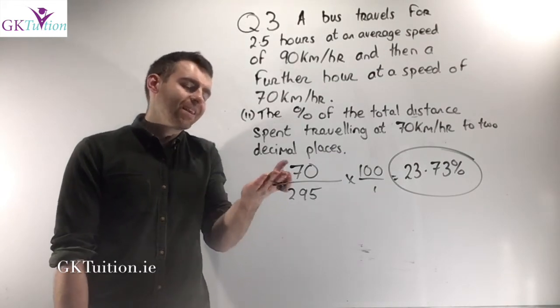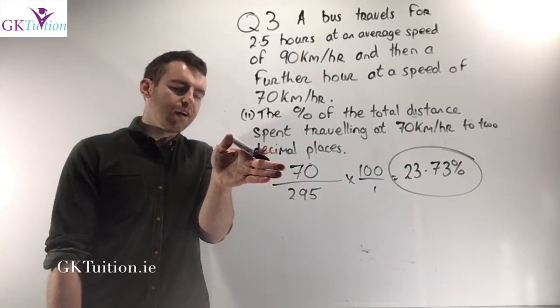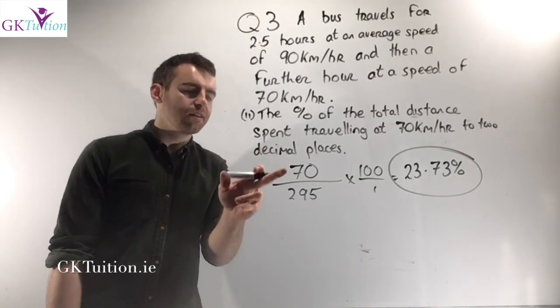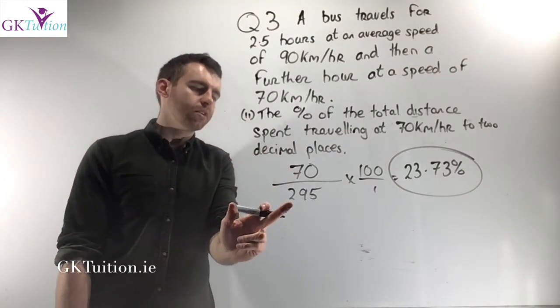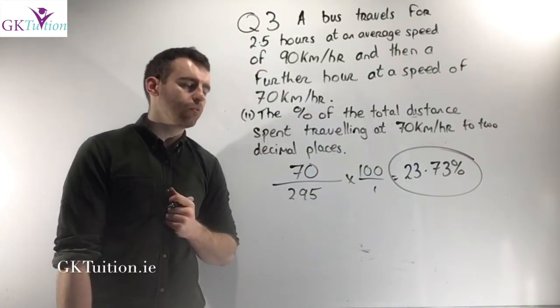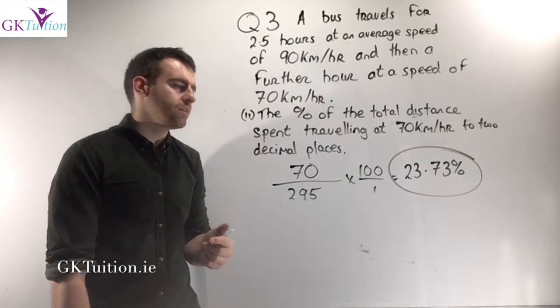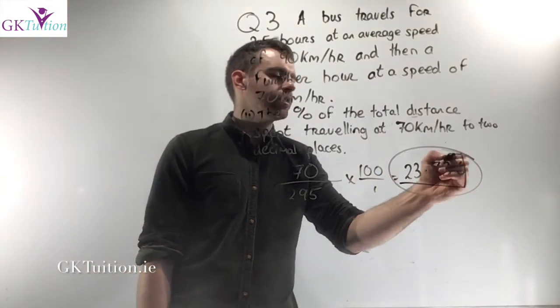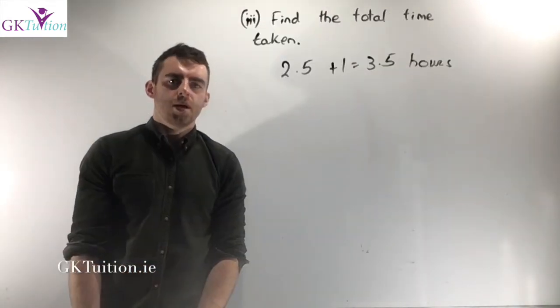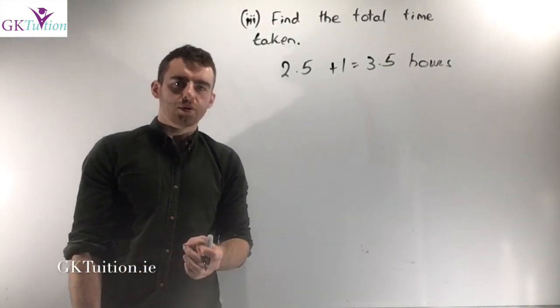And I've been asked to get that as a percentage. So the distance travelled at the second speed as a percentage of the total distance. So I multiply by 100 over 1. And in the notes here it says to leave it to 2 decimal places. So your answer is 23.73%.